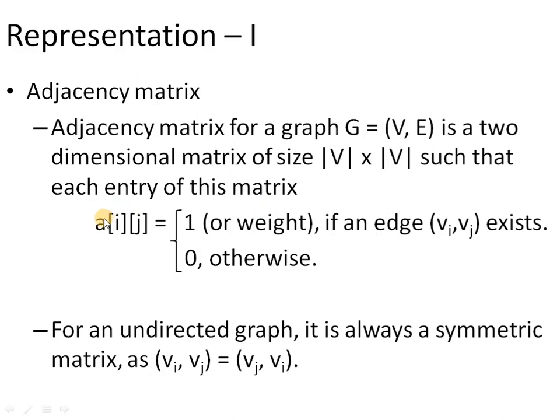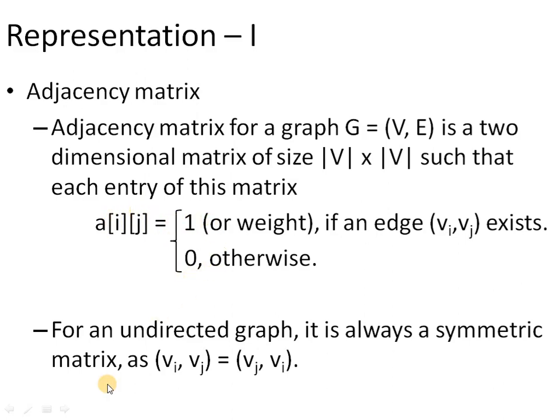In a similar way, if we are working with directed graphs, at that time we have to take care of the directions of the edges in between the vertices I and J. So if an edge exists between a pair of vertices I and J such that the edge starts from vertex I and ends at vertex J, then only we put 1, otherwise we put 0. Similarly, for weighted directed graphs, in place of 1 we put the weight value if the edge exists between vertex I and vertex J.